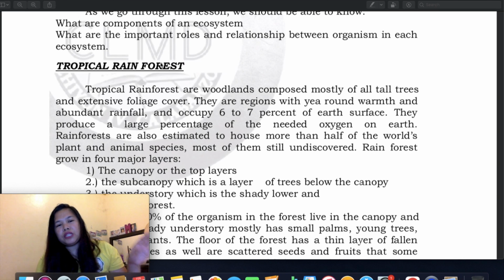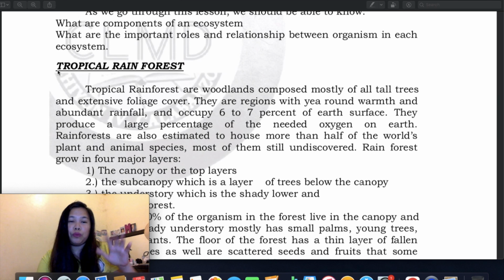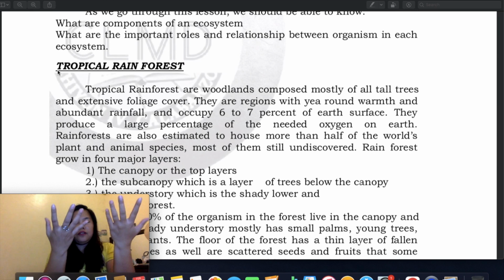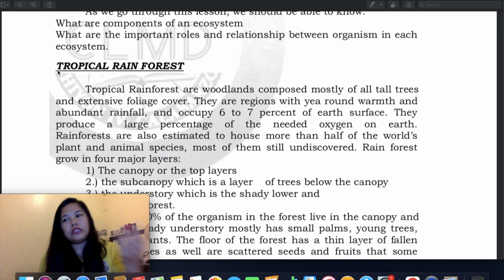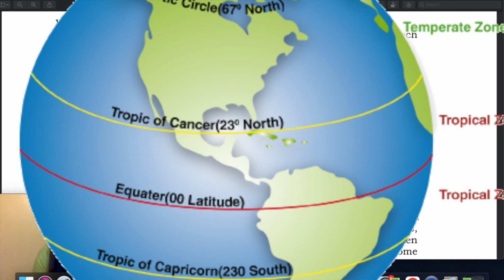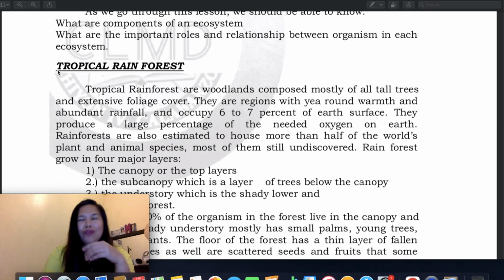Okay, when we say tropical, kung pupunta tayo sa AP, sa Araling Panlipunan, kung may tropical ganun-ganun dun sa globe, hindi globe yung sa SIM card, yung globo. Okay, so when we say tropical is parang malapit siya sa equator. So, Ecuador din.